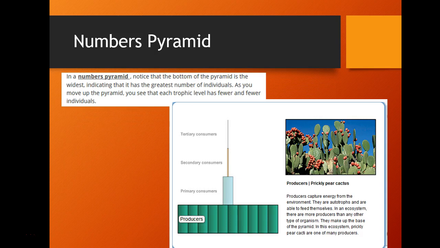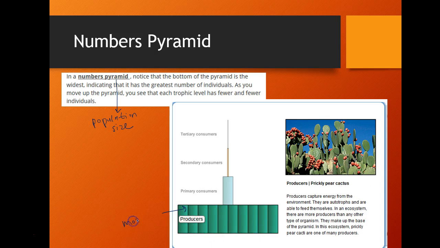So in a numbers pyramid specifically, what we're looking at is how many organisms are present at each trophic level. So we're looking at population size. What we see here is down here, if we look at the prickly pear cactus, that there are a lot of producers, right?